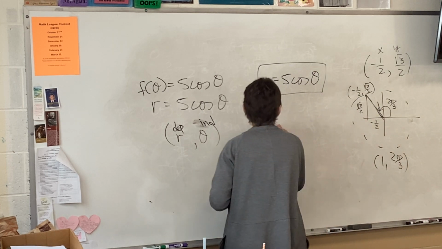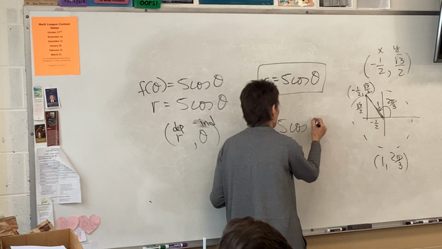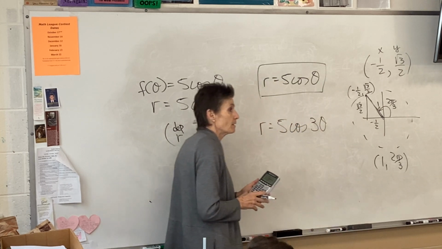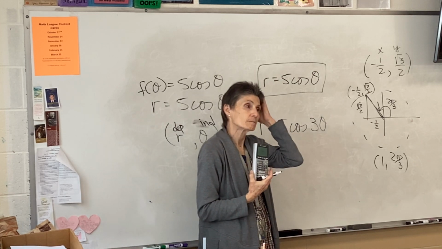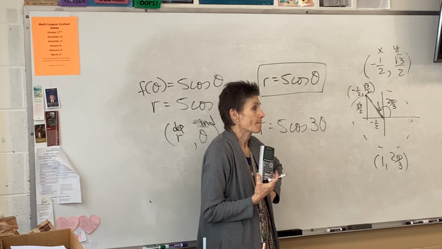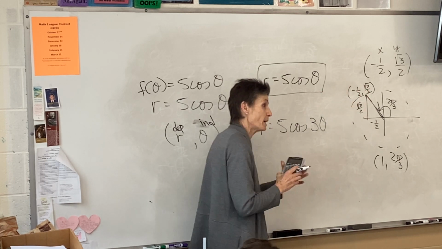It's r equals 5 cosine 3 theta. What do we notice about it? There are 3 leaves, or 3 petals, right?